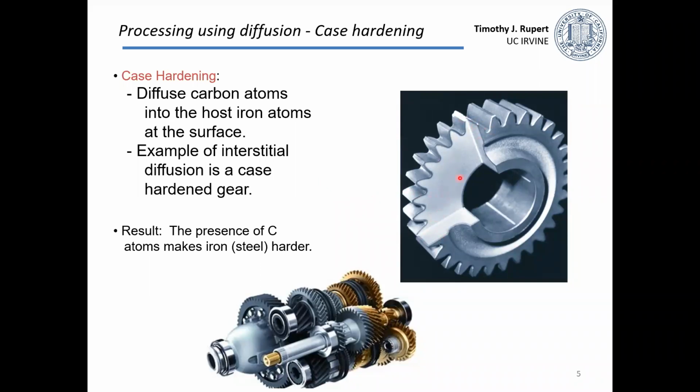And the concept is that your inner material is different than that material right on the surface. This material by itself is relatively strong. And you wouldn't want your whole system to be made out of that because it might also be brittle, okay? But you just want the surface to have different properties. So for example, where these gears touch each other, you want it to be very strong and not have material deforming or material wear away.